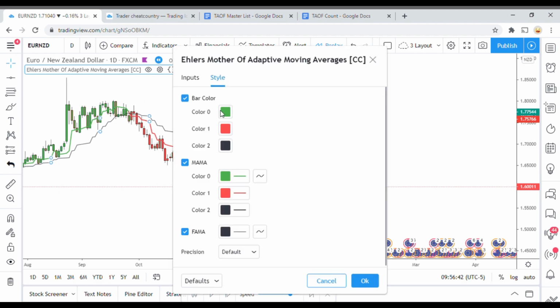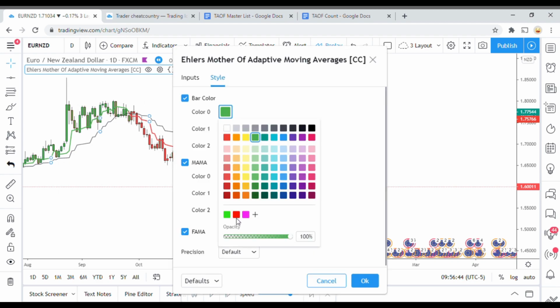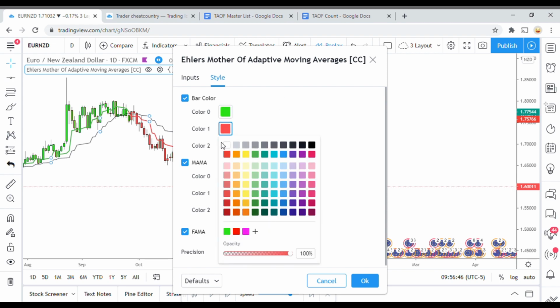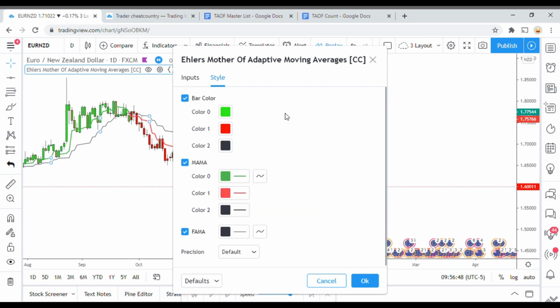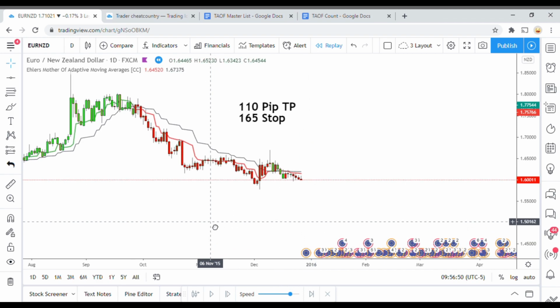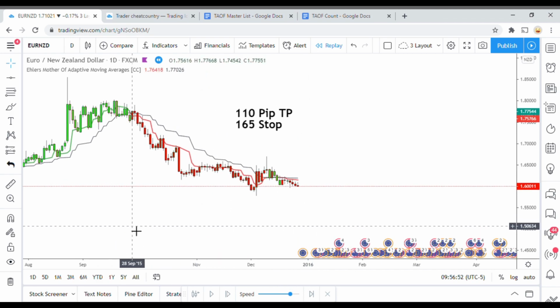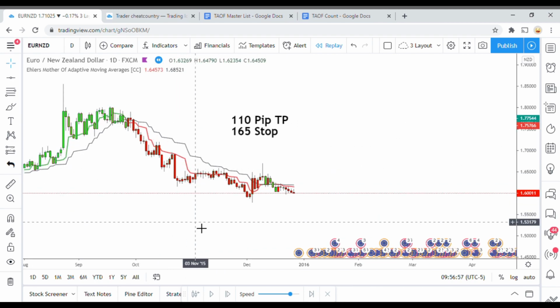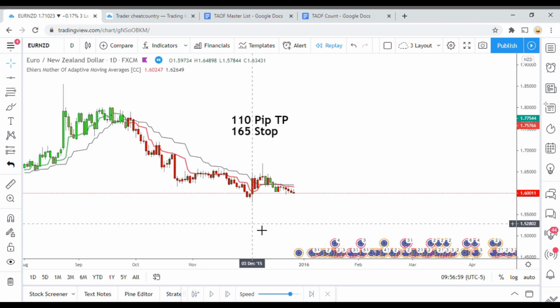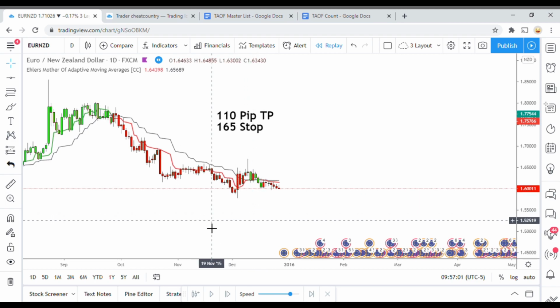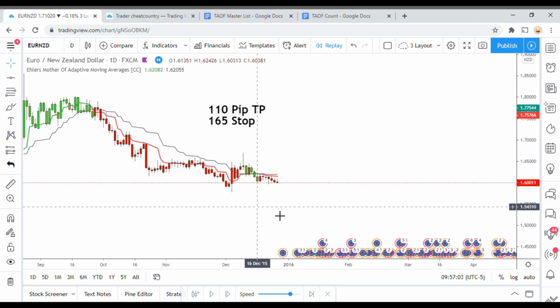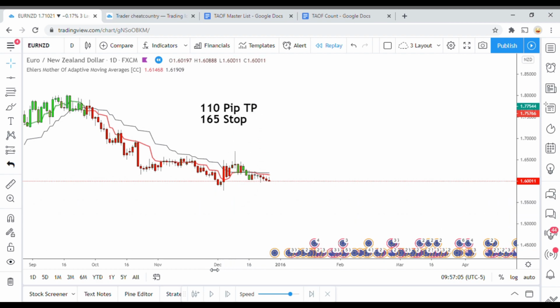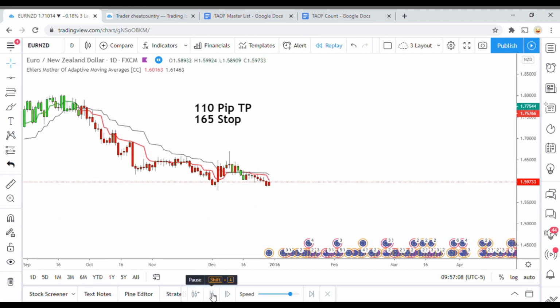I am going to go in and change the color of the candles like so. I'll leave the MAMA line alone. I just like to brighten things up a little bit instead of having the dull colors. Maybe it helps a little bit more on video. All right, with all that being said, let's get to testing it, see what we can get out of this.